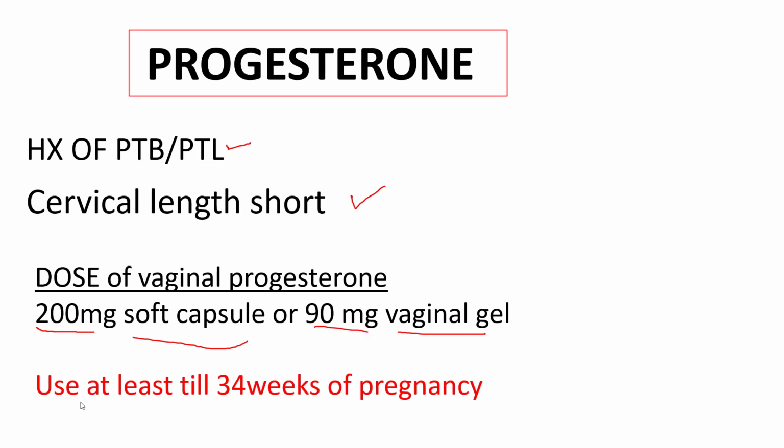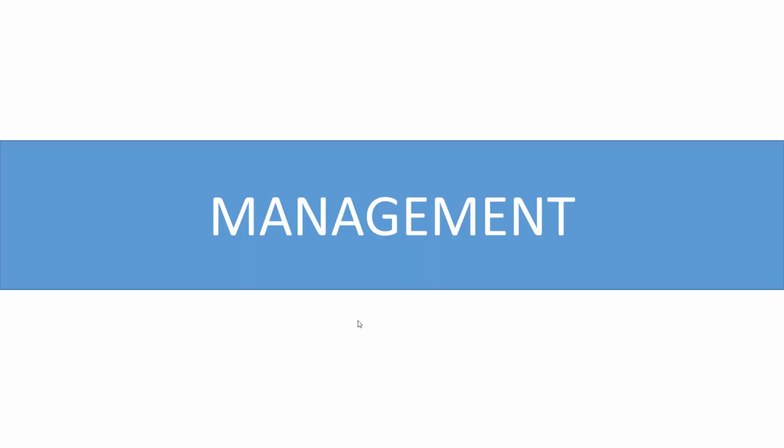The patient should use vaginal progesterone at least till 34 weeks of pregnancy. Better is that she should use this vaginal progesterone till 37 weeks of pregnancy. Every night or every day she will use this vaginal progesterone. In the next video, we will study the management of preterm labor.